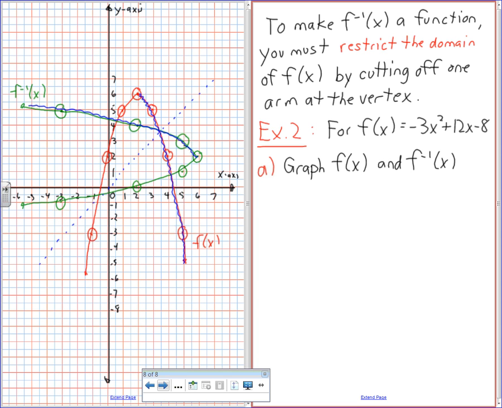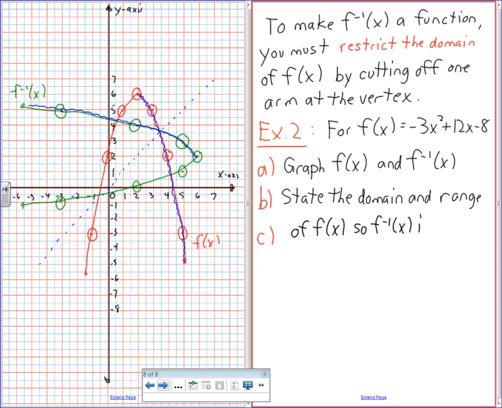B is going to say state the domain and range of f of x, so f inverse is a function. C is going to be find the equation of f inverse of x.